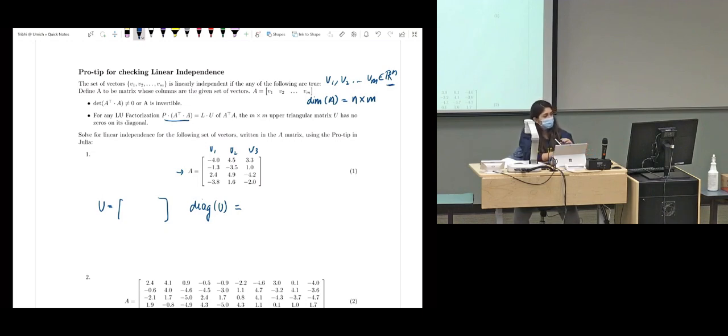And if there are no zeros in there, you know that the columns of A, or the different vectors, are linearly independent. So let's see how you would do that in Julia.